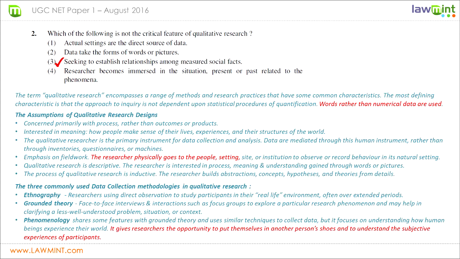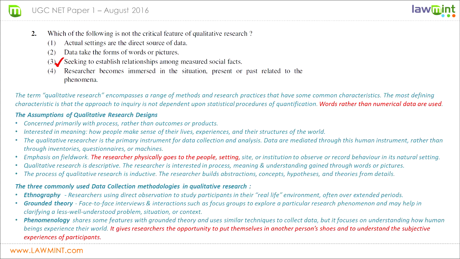Statement 4 says the researcher becomes immersed in the situation, present or past, related to the phenomena. The last sentence that is highlighted in red says that it gives the researcher the opportunity to put themselves in another person's shoes and to understand the subjective experiences of the participant, which is nothing but getting immersed in the situation.